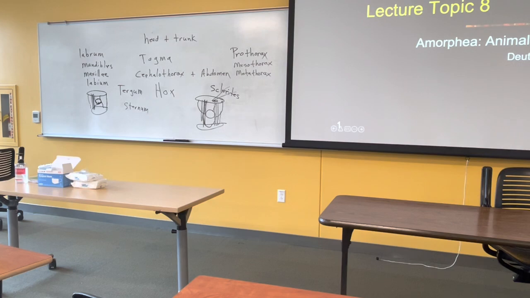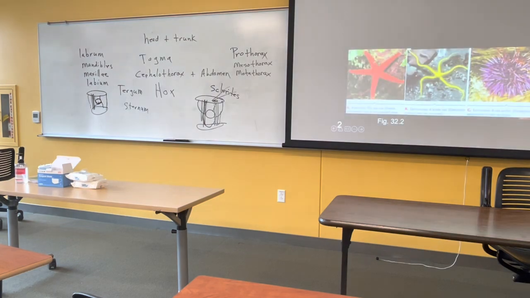Okay, so with the deuterostomes, I already introduced them before. There's two major groups. One called Echinodermata. I already earlier gave the apomorphies for this. They're all embryological.